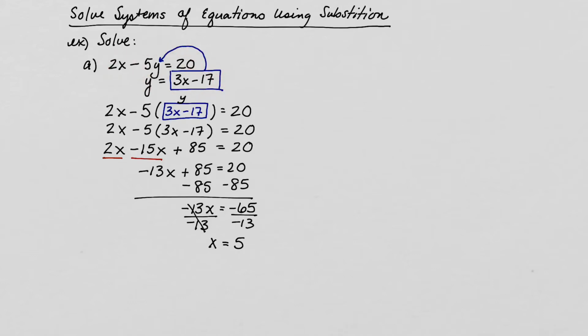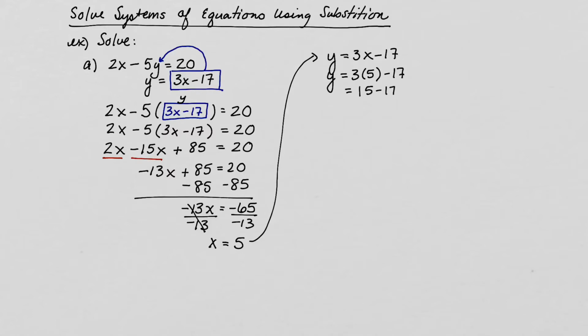It doesn't matter which one. Personally, since this one's already solved for y, I think that's the easier one to plug it into. So y is equal to 3x minus 17, but now I know that x is 5. So it's 3 times 5 minus 17, or 15 minus 17, or negative 2.